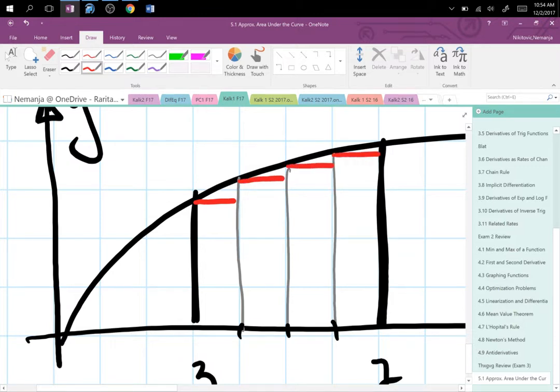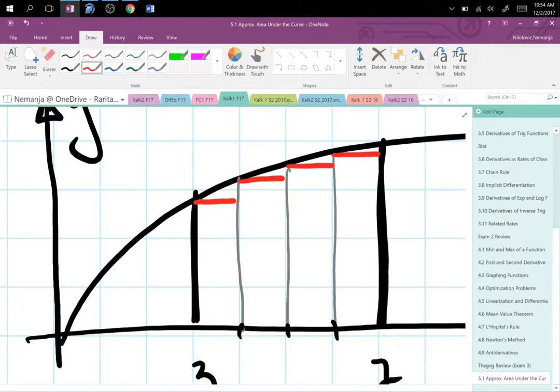If I use the right one, the rectangles would go like that, on top. This is why we have the left approximation and the right-hand approximation.